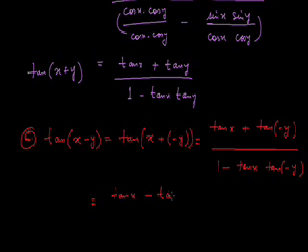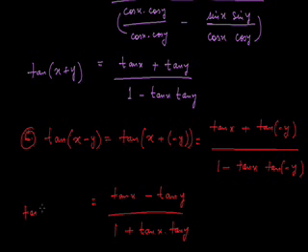So it will become minus tan y whole upon 1 minus tan x times tan of minus y, which is minus tan y. So this minus and minus will get plus. So it will become 1 plus tan x tan y. So this is the formula for tan of x minus y, which is equal to tan x minus tan y upon 1 plus tan x tan y.